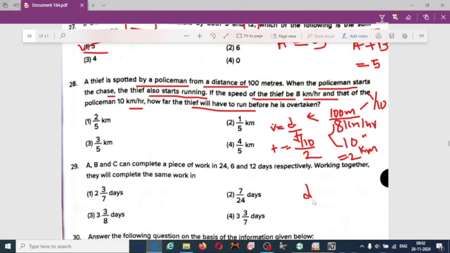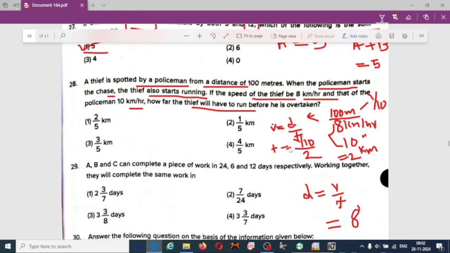Distance we have to calculate again, that is equal to velocity times time. The velocity of the thief is how much? 8.